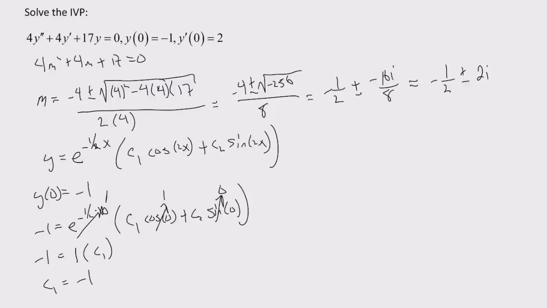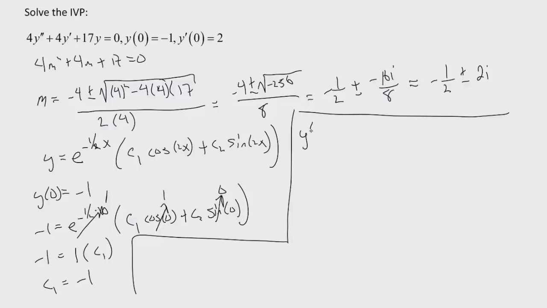Then if I want to find C2, I've got to use that other information. Probably want to crank out the derivative here. So y prime. And actually, I lied.